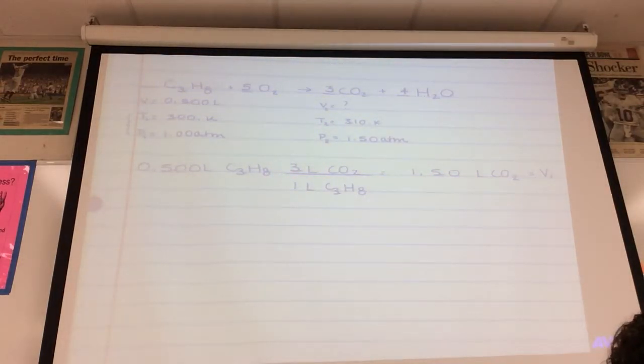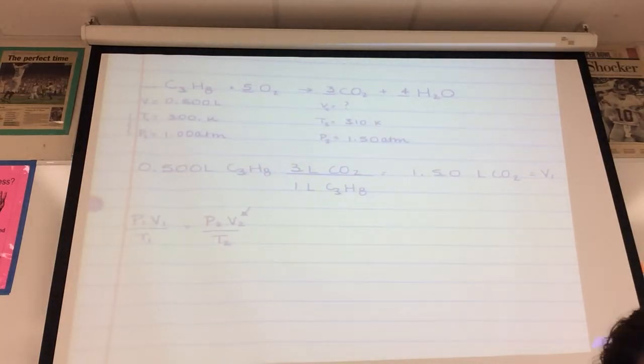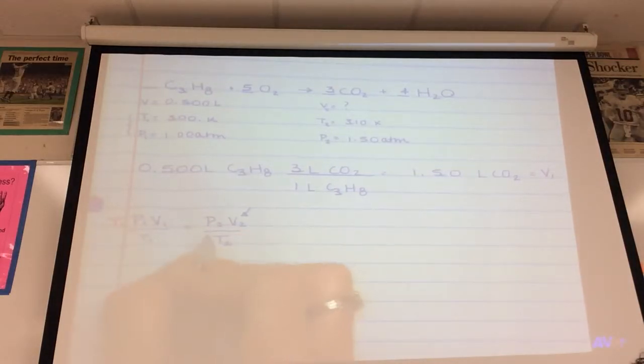So again, if you are given information about two different gases, you must first get to the other gas under the first set of conditions doing volume stoich, then you can do your combined gas law. So we have P1 V1 over T1 is equal to P2 V2 over T2. We want V2, and again, variable manipulation at this level should be second nature.